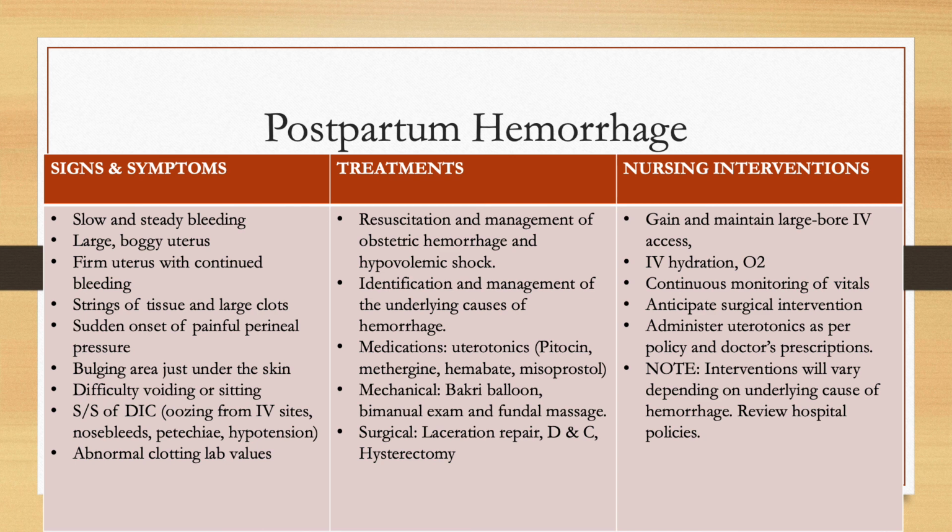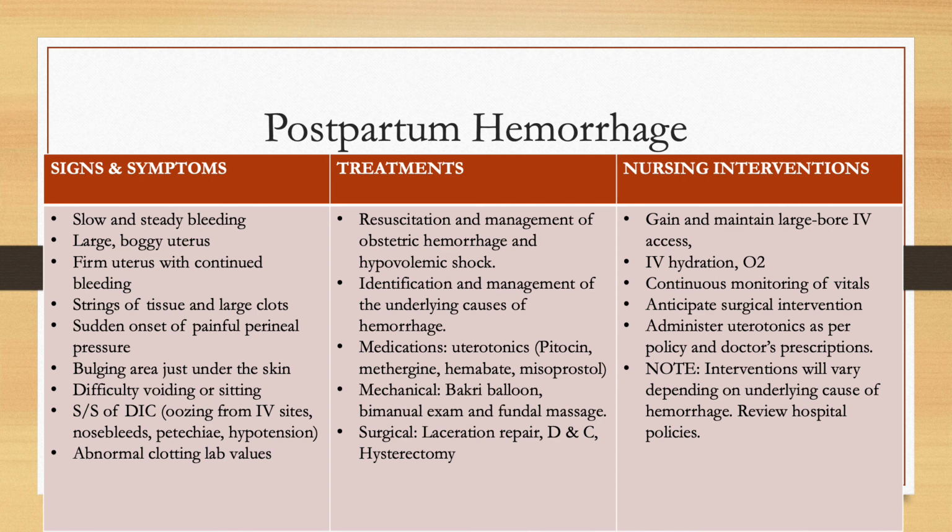Treatments: resuscitation and management of obstetric hemorrhage and hypovolemic shock. Of course, identification and management of the underlying causes of hemorrhage. Is it a laceration? Is it a full bladder that's causing a boggy uterus? Is it a hematoma? What's going on? We need to identify that. And then know where your uterotonics are.